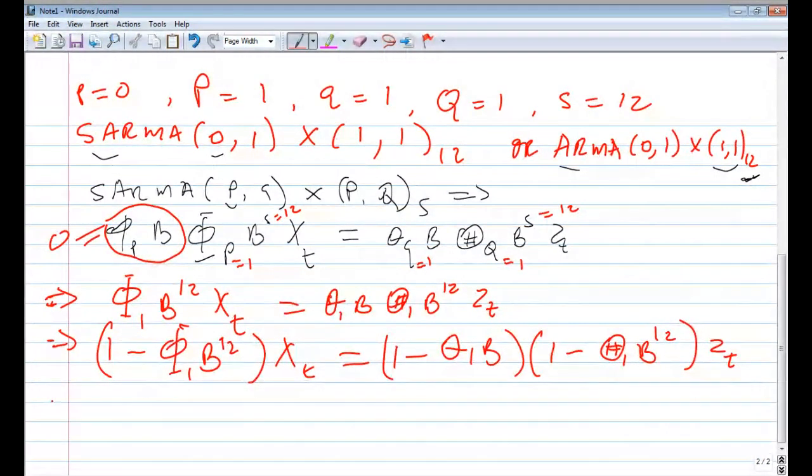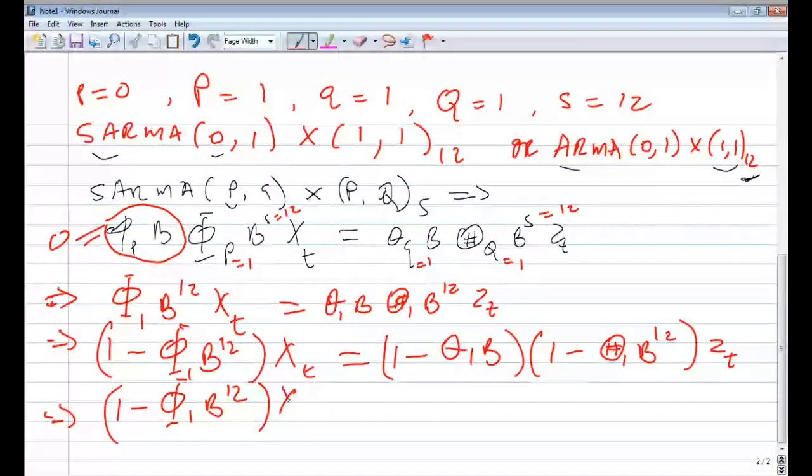So this implies that (1 minus capital phi 1 B to the power 12) x_t is equivalent to, when you open the brackets, 1 multiplied by 1, multiplied by big theta 1 and so on.